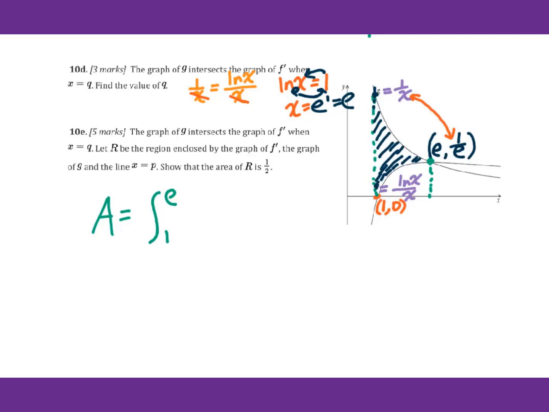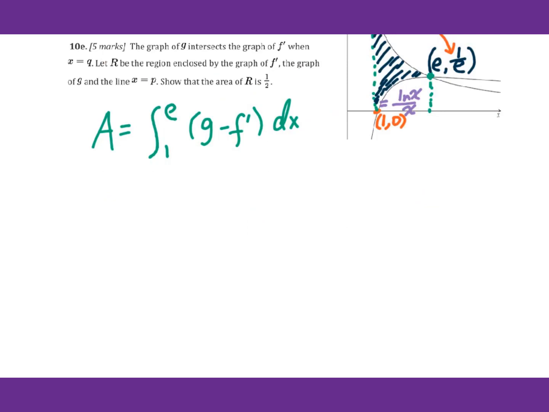So you have g minus f prime, then dx. Let's separate it: the integral from 1 to e of g dx minus the integral from 1 to e of f prime dx.